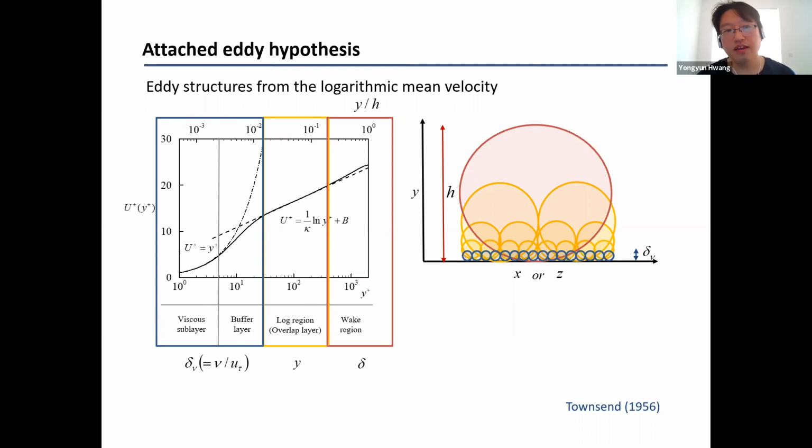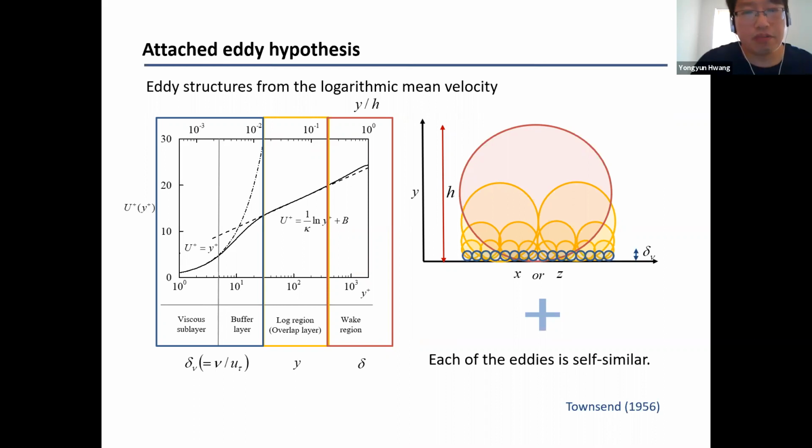Okay, that's what Alan Townsend hypothesized roughly half a century ago, and then he made a bit more aggressive hypothesis, saying that each of the eddies could be self-similar. And then with that, he also made some predictions about the general behavior of the turbulent fluctuations. But about that, I'm not going to cover in this talk.